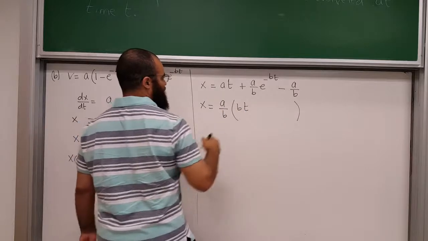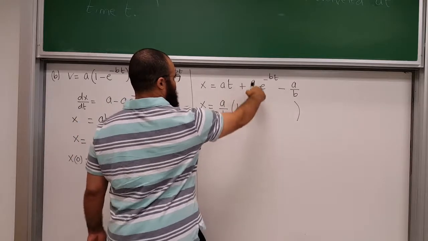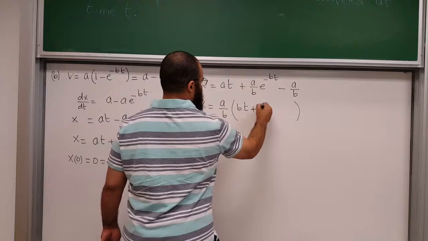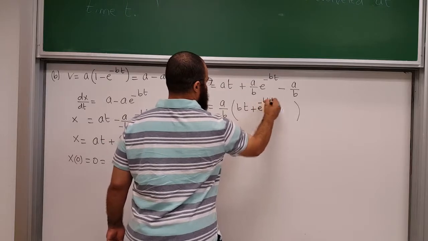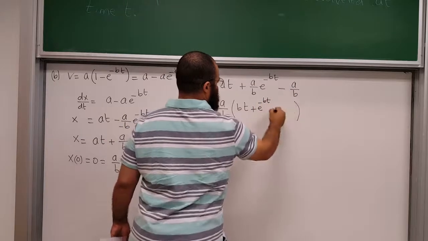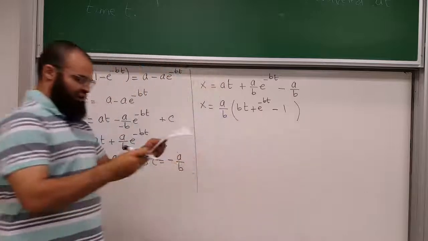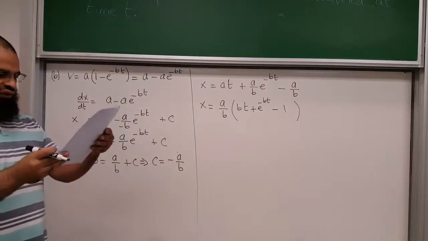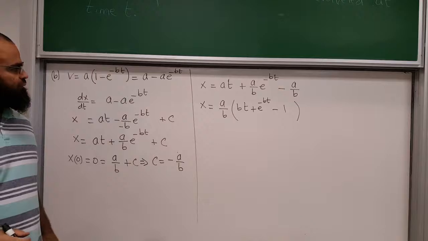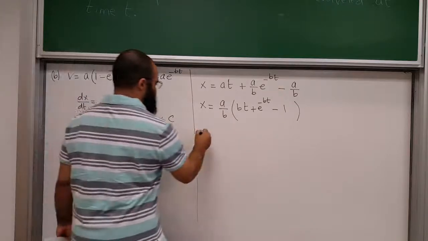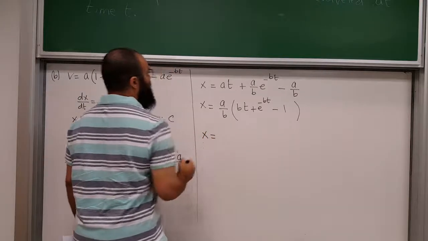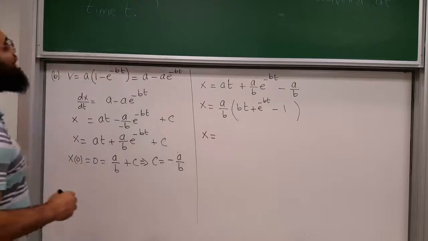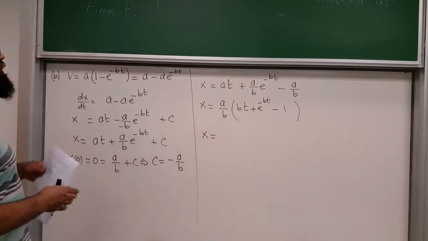Yeah, so that's good. If you take an a over b here, you will just have the e to the minus b times t. And if you take a over b here, you just have minus 1 left. And that looks good. And so now I'm going to substitute the numbers. What was a again? A was 11.81.